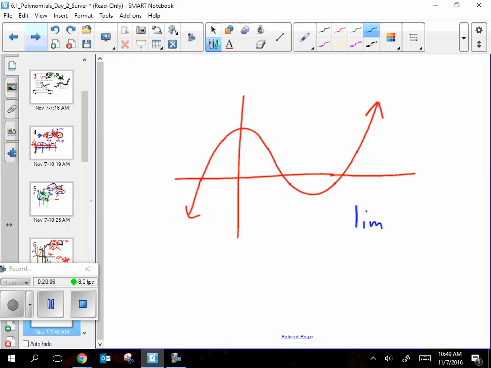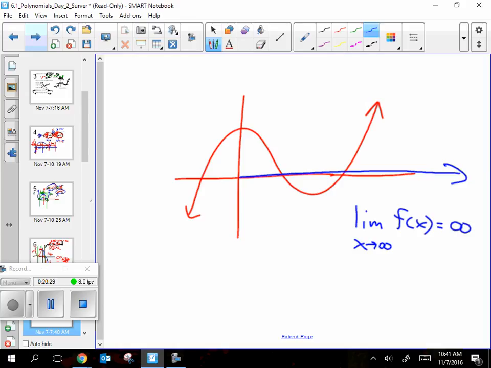The limit of this function as x goes to infinity is infinity. If I go infinitely far this way, and then look where the function is, do you get it will be infinitely high?